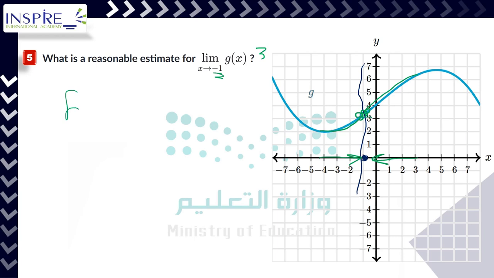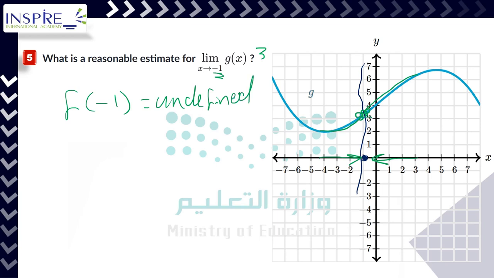What about if I asked you what is f of -1? Okay, what's f of -1? As a matter of fact, we don't have a point at -1 here, so it's undefined.